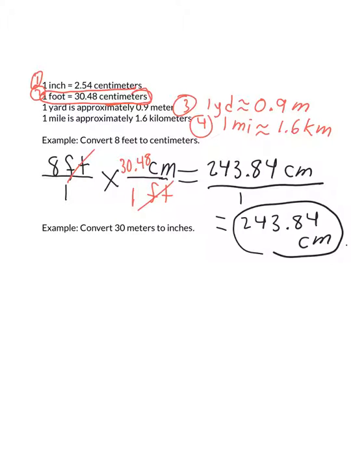The next example shows why I had to type these examples up after we familiarized ourselves with the metric system, because it's a little bit trickier than it first appears. It says to convert 30 meters to inches. When you first skim all 4 of the original equations, you'll notice that there is no equation with meters and inches.